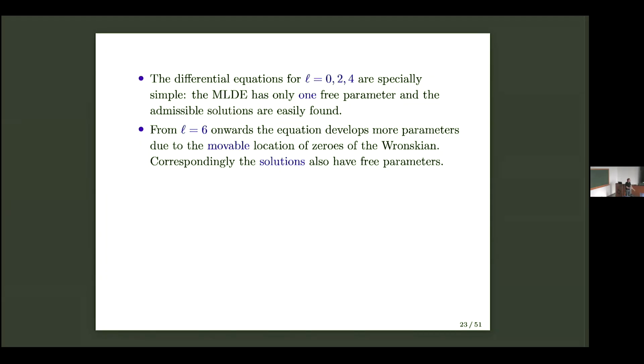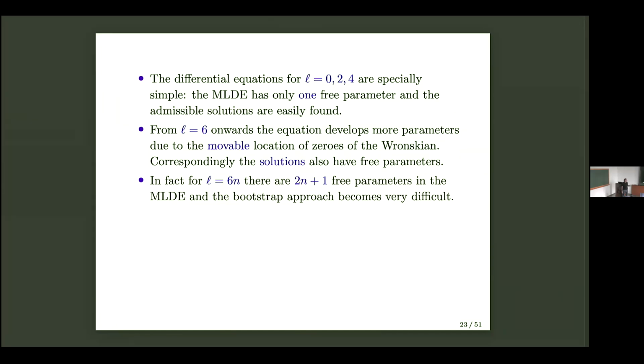So this is how we see that things become more difficult at L equals 6. And not just the equation, but then the solution also ends up having free parameters, which themselves can be integers, but any integers, not continuous. And I'll show you examples.